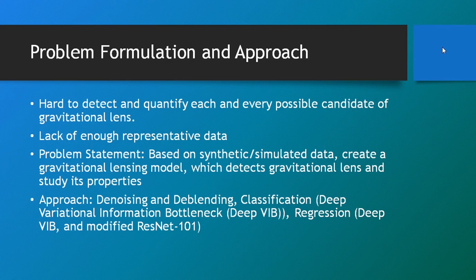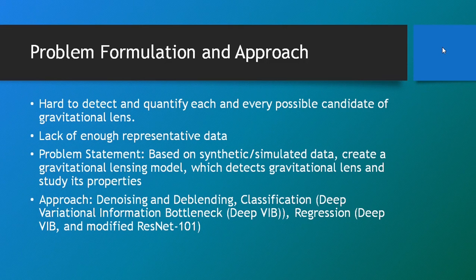The paper has first denoised and deblended whatever images are there, basically removing the noise which is present in images, and then it used deep variational information bottleneck, deep VIB, and modified ResNet 101 for classification and regression.